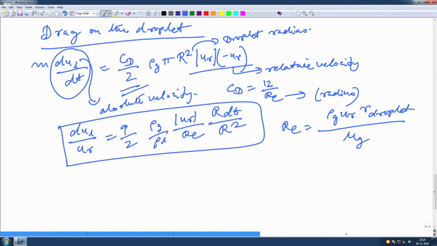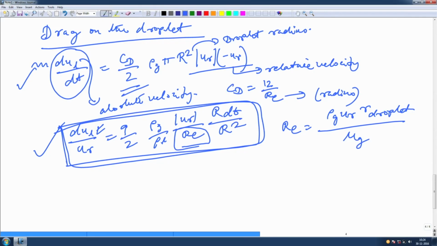Now, the drag coefficient is given by the drag of the liquid, or the rate of change of velocity of the liquid is actually a function of the Reynolds number, right. This equation and this equation govern it. So, you can solve it and find out how the velocity of the droplet evolves. That does not require any solution of the internal flow field, right, because you can just find out how the velocity of the droplet will evolve, regardless of its evaporation.